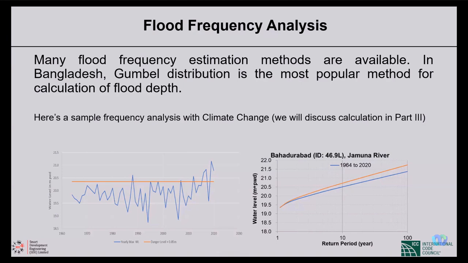If you look at the right side curve, where we equally show the return periods, 1 in 50 year, 1 in 10-year return period, the water level we found in one area is 20.5. But what happens with climate change?